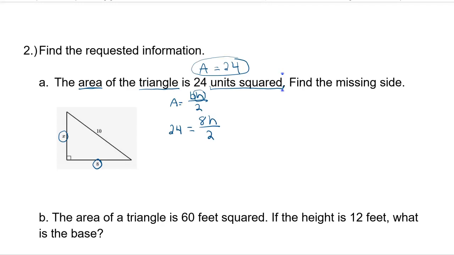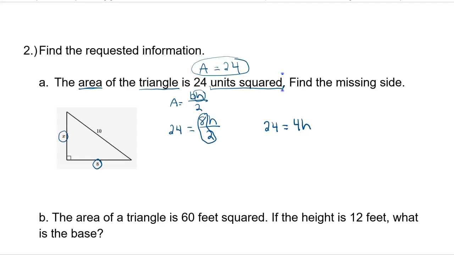So what I want you to remember is when you are looking at something that has a variable connected to it, I only pay attention to the numbers to start. I'm going to look at that as, okay, what is 8 divided by 2? So I have 24 equals, well, 8 divided by 2 is 4. And then that h just goes along for the ride. It doesn't actually impact your calculation at this point.